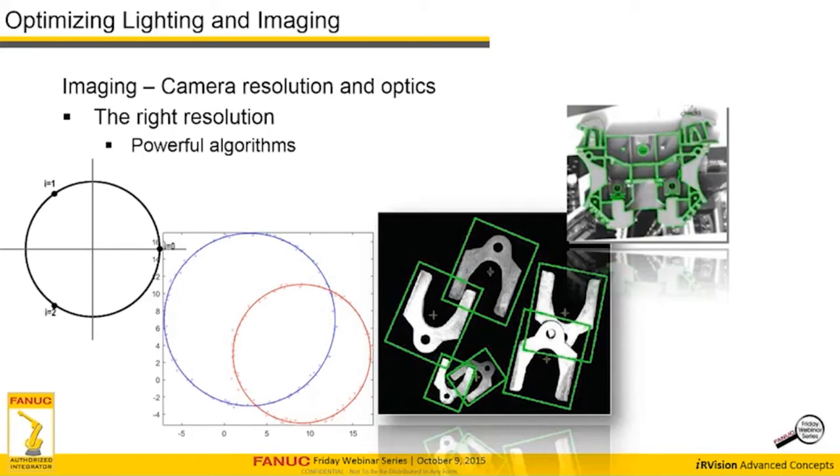We need to get enough edges on that feature to actually extract a reasonable gradient to deliver the matching of the geometric pattern match or the edge location or whatever we're using.